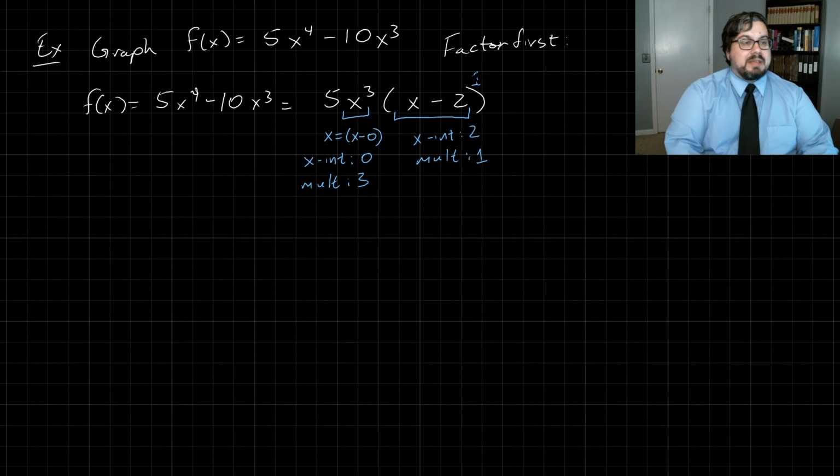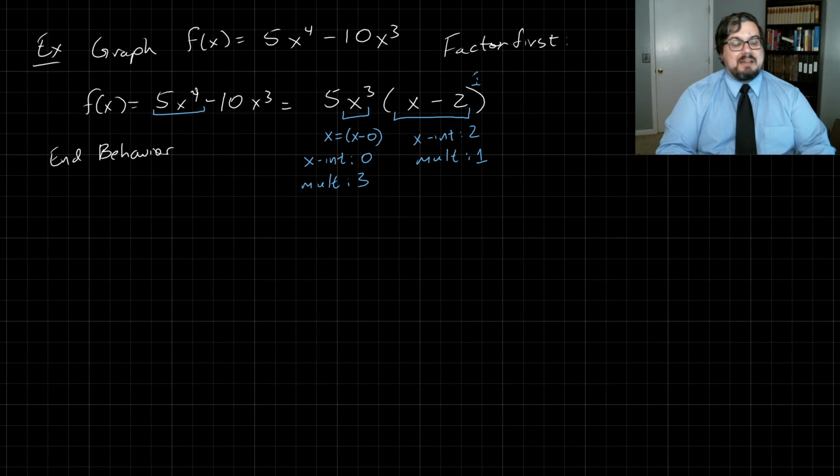Furthermore, we can look at the end behavior. We have the leading term is 5x to the fourth. So because it's got a positive leading coefficient, we rise to the right. And because the degree of the leading term is even, that means that we do the same thing on the left and the right.